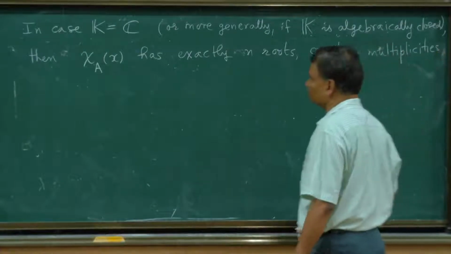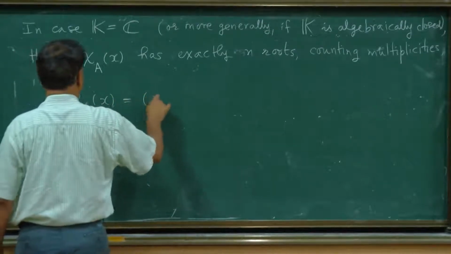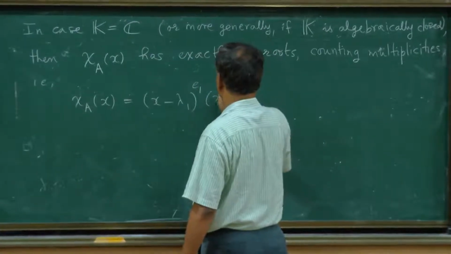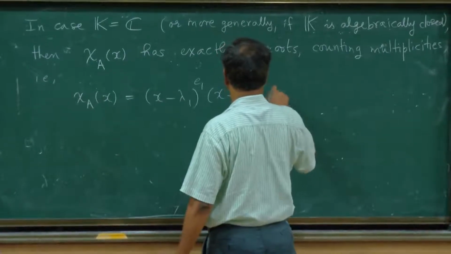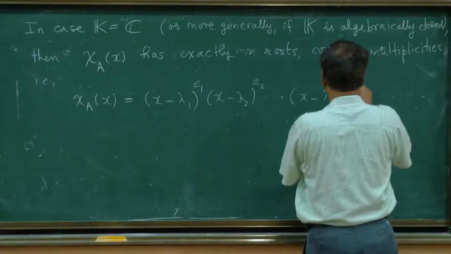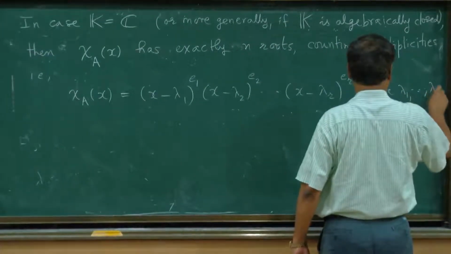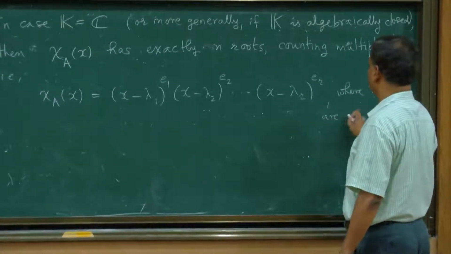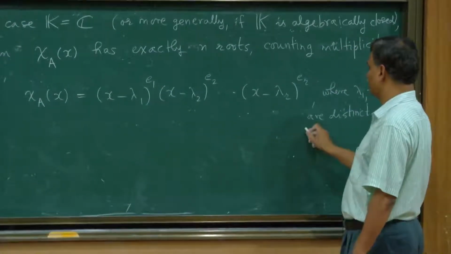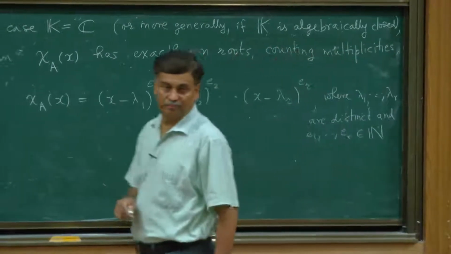That is to say, chi A of x splits as x minus lambda 1 to the power e1, x minus lambda 2 to the power e2, up to x minus lambda r to the power er, where lambda 1 to lambda r are distinct and e1 to er are positive integers.